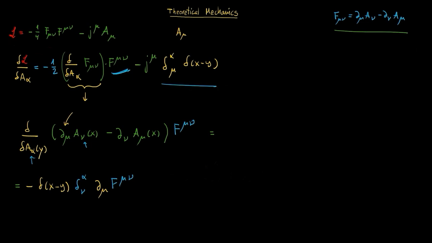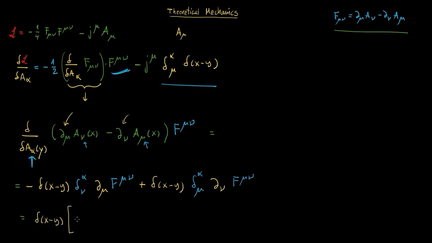So let's continue. We have here minus, but with the minus that appears in order to do the functional derivative, it becomes plus delta x minus y times delta mu alpha again, and this derivative acting on F. Let's factor out delta x minus y, and let's see.